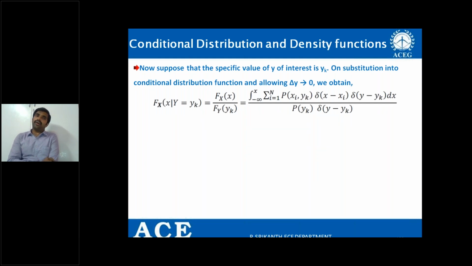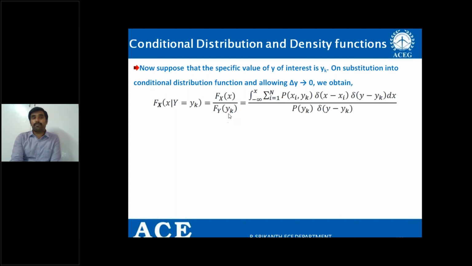In the same formula, I am just replacing the conditioning term, from y minus delta y less than or equal to y less than or equal to y plus delta y, to y equal to yk. So ultimately here it becomes fx of x, and the denominator will not be fy of y, it is fy of yk.